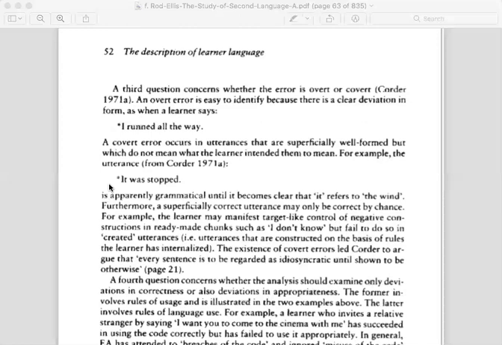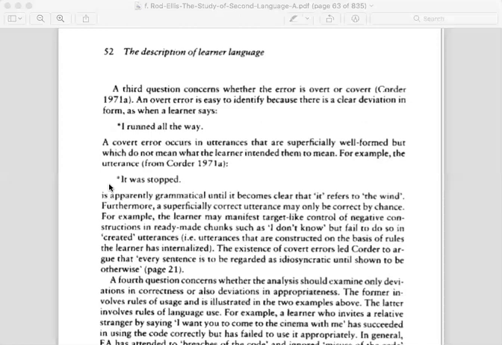So what's the solution to these questions? Corder introduces another term, interpretation, within identification of errors. There's a difference between errors and mistakes, and we have to work with the errors alone. We need to eliminate the mistakes from the corpus that we have collected.